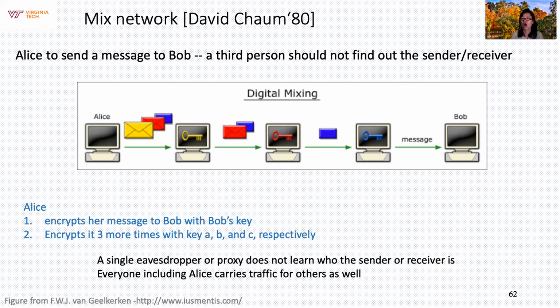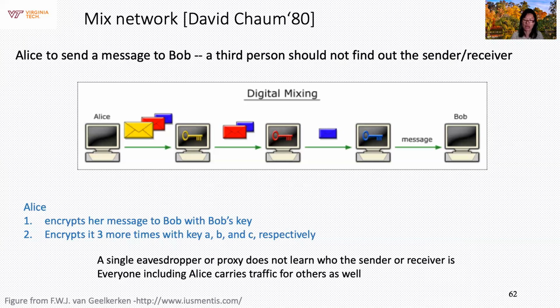But the last hop still doesn't know whether this is the final destination, Bob, or whether the message is supposed to go through Bob. And if only Alice is doing this and nobody else does, of course this does not work. What this mix net depends on is everybody doing this.